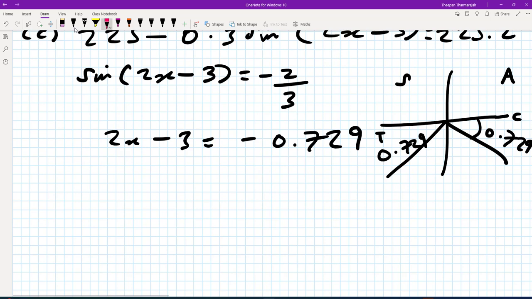So we know that sine is negative in the third quadrant and the fourth quadrant. So this gives me minus 0.729. But to get the next solution, remember, we need to do minus pi plus that.